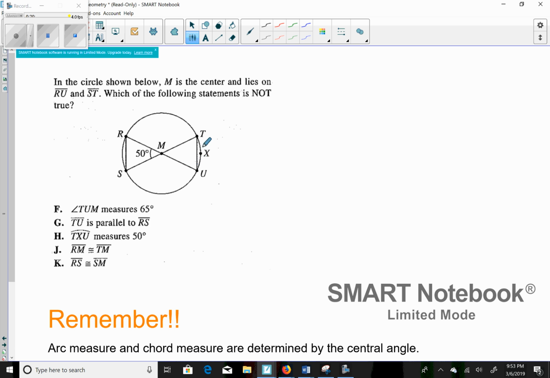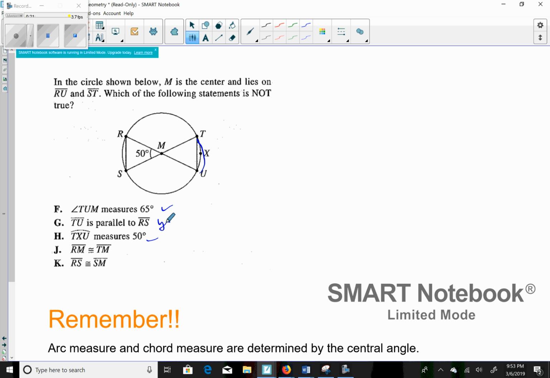That is going to be true because TUM is half of 130, so that is true. TU is parallel to RS. That's also true. Arc TXU is 50 degrees. Yes, that's true. I'm just going to put a check for yes.